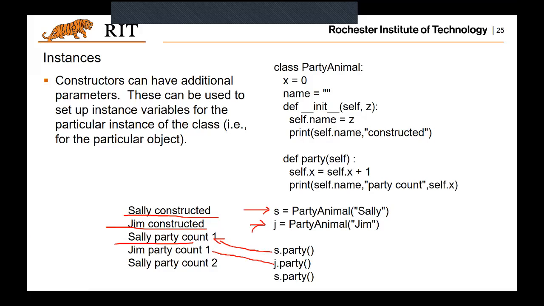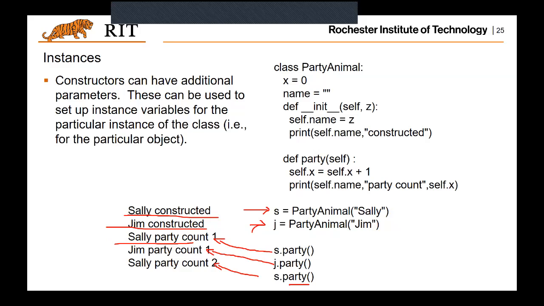Similarly, for the object stored in J, you do the same thing, and then you call party again for S, and it will add 1 to the x again and print it out. So that's how things work with objects.